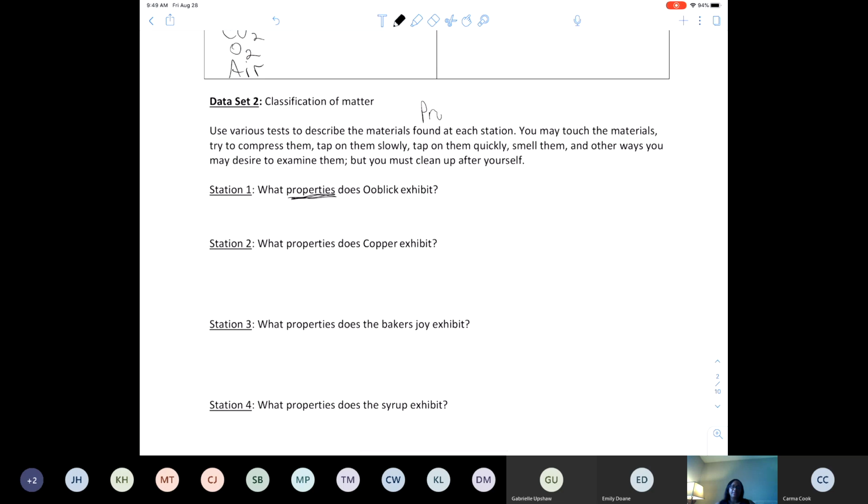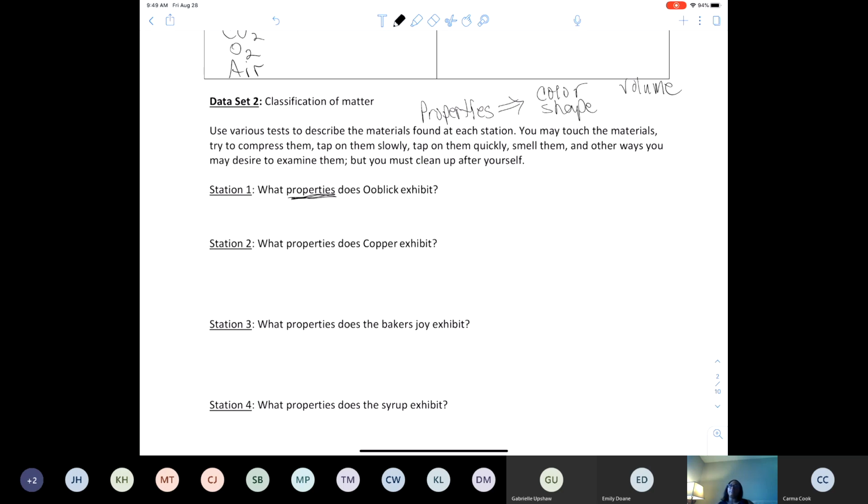Some of the properties that you can comment on are things like color, shape, volume. And when I say shape and volume, does the substance have its own shape? Does it have its own volume?